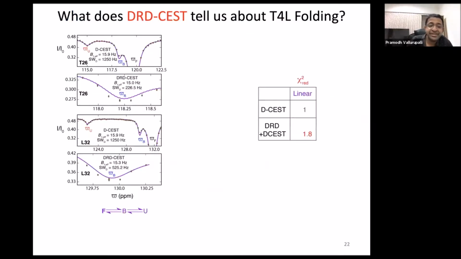So we went ahead and recorded double resonance CEST data at 6 sites where we have well separated major and 2 minor state resonances. And this double resonance data is shown here. When we fit everything together to this linear model where folding has to go by B, we found that this cannot satisfy this double resonance data.